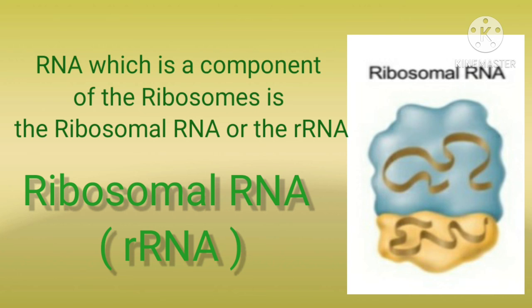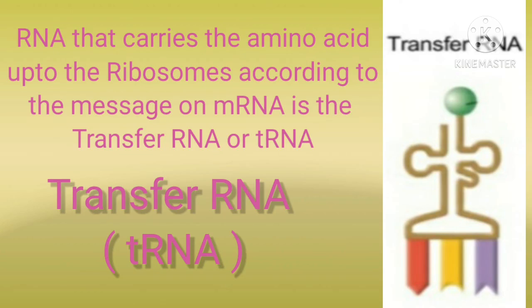The RNA, which is a component of the ribosomes, is the ribosomal RNA or the rRNA. The RNA that carries the amino acid up to the ribosomes according to the message on mRNA is the transfer RNA or tRNA.